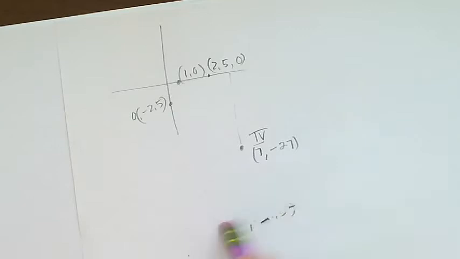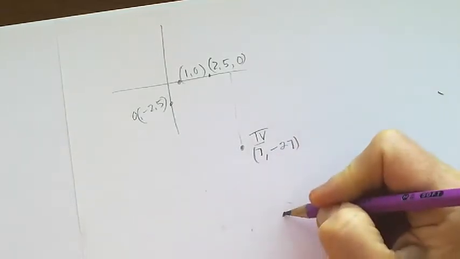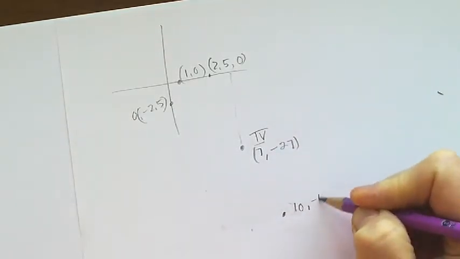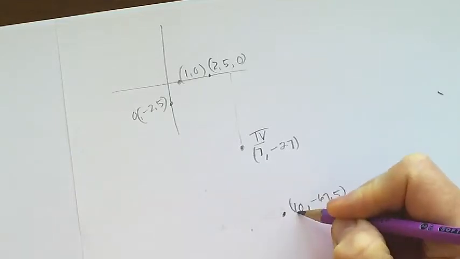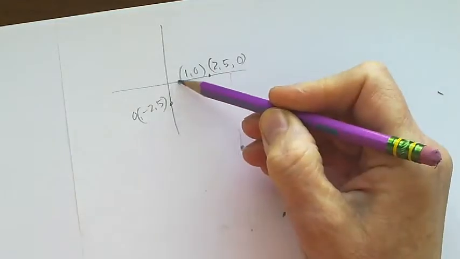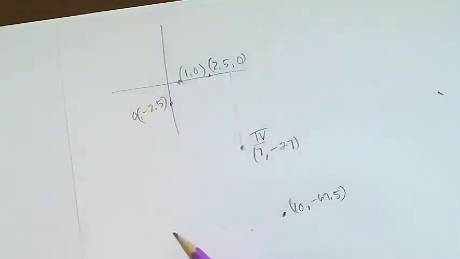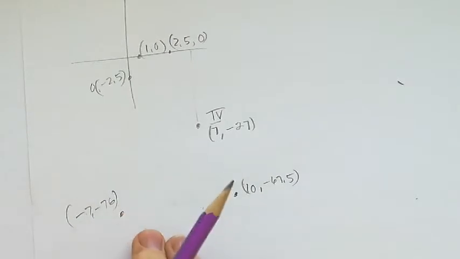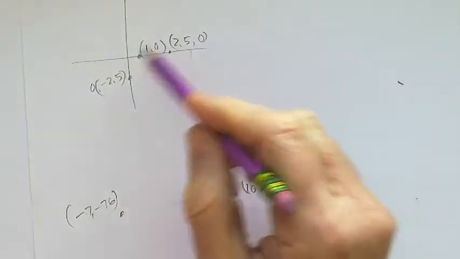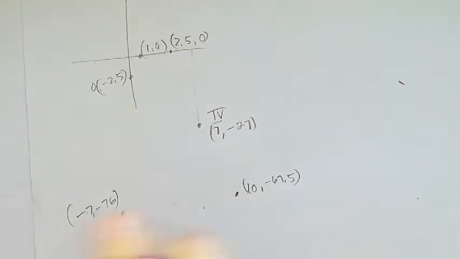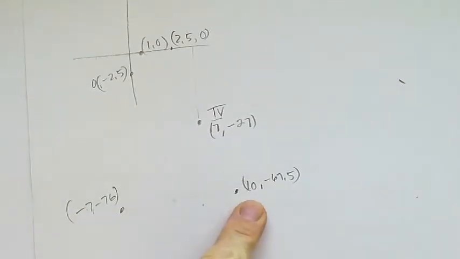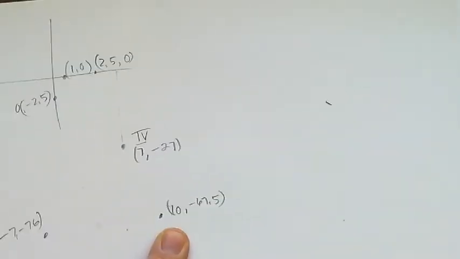Oh, wait, this is going to be 10, negative 67.5, and then negative 7 and negative 76. Okay, so this looks like it is going to be a parabola. So I'm going to do a little bit better sketch of this, but this helps me to visualize it. And I really don't need some of these points to write the equation.